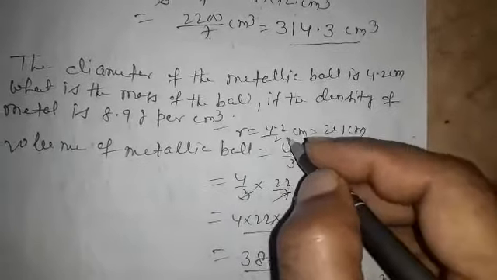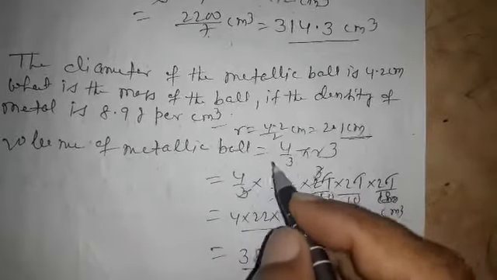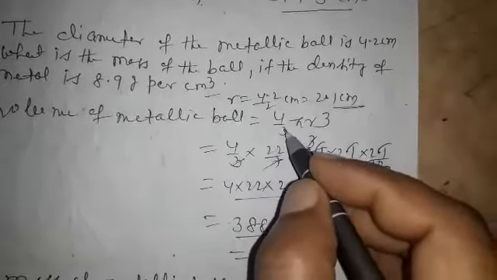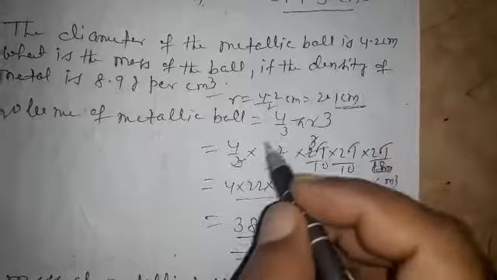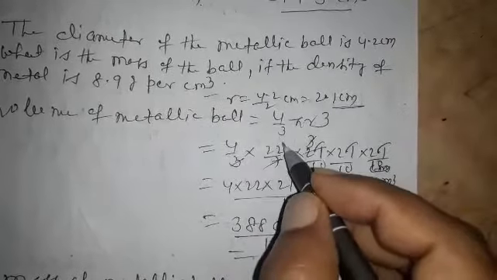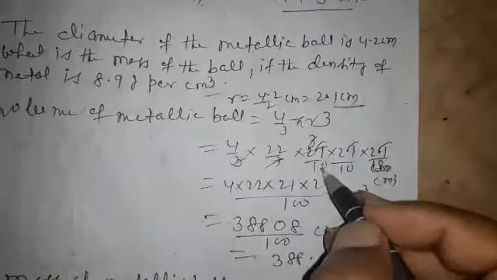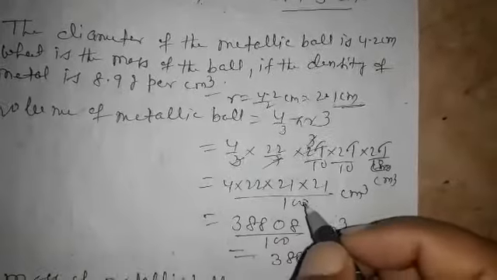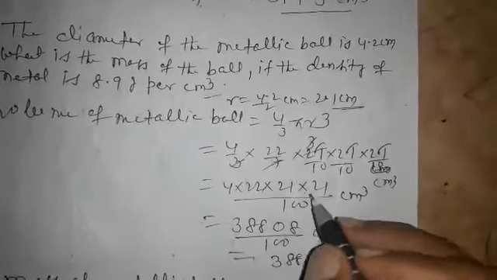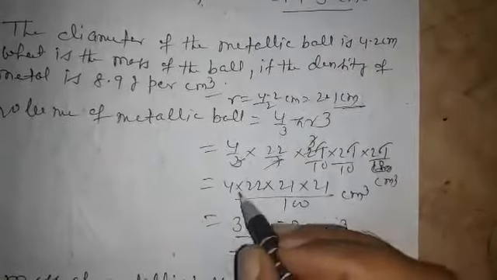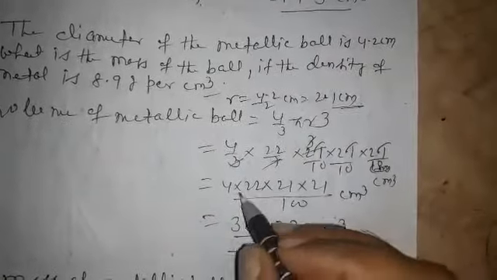Now the volume of the metallic ball: the volume of a sphere is 4 by 3 pi r cube, so it is 4 by 3 into 22 by 7 into 2.1 into 2.1 into 2.1. We remove the decimal point, so divided by 10 each, and after calculation it becomes 38808 by 100 centimeter cube, which means 388.08 centimeter cube.